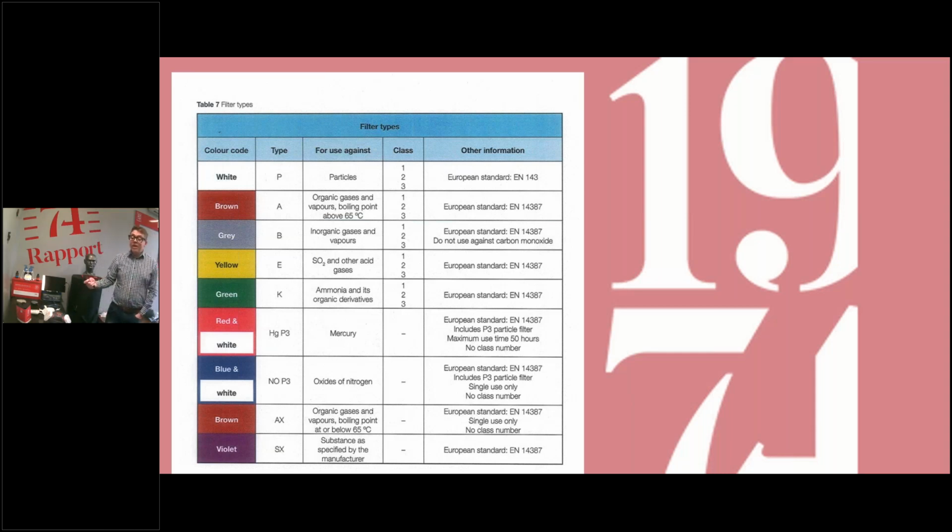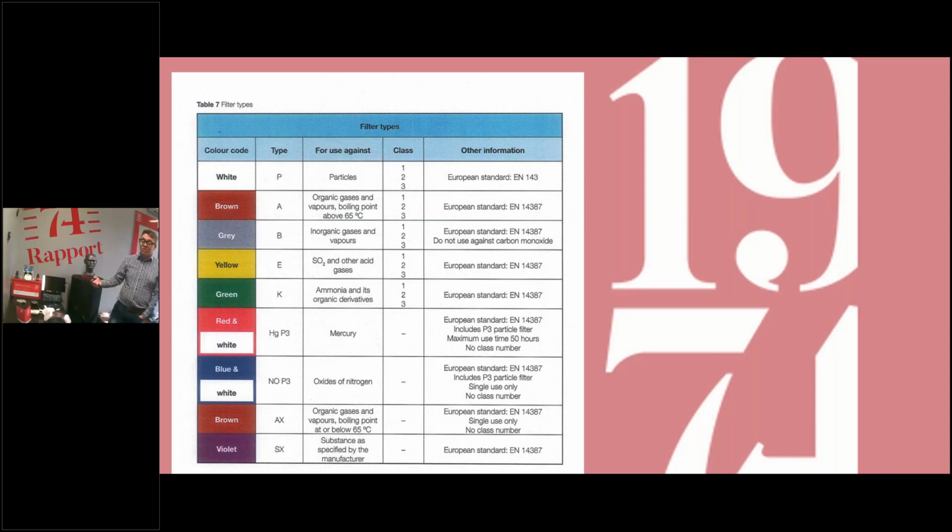If, however, your employees are exposed to, let's say, an organic compound, then a particle filter would be no use, because a particle filter, unsurprisingly, protects against particulate. So you would need a type A filter for organic compounds. And again, we have a choice: class 1, class 2, class 3. How much protection do we need to offer to ensure that we reduce exposure below the occupational exposure limit?